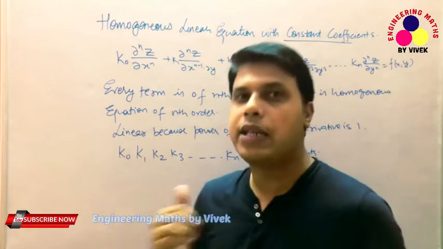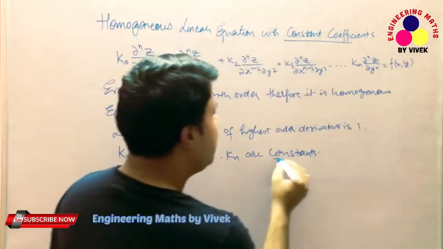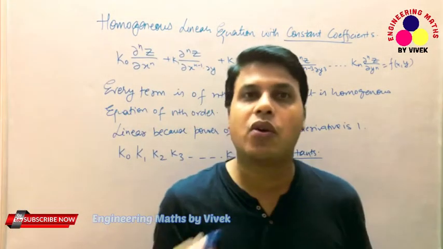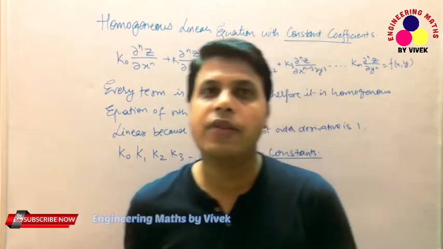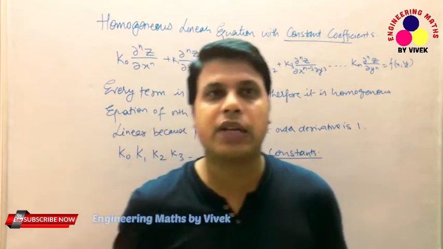Why are we saying that it is a constant coefficient? Because these numbers are constant, meaning their values are fixed, they are not variables. These are fixed values. Hope it is clear.